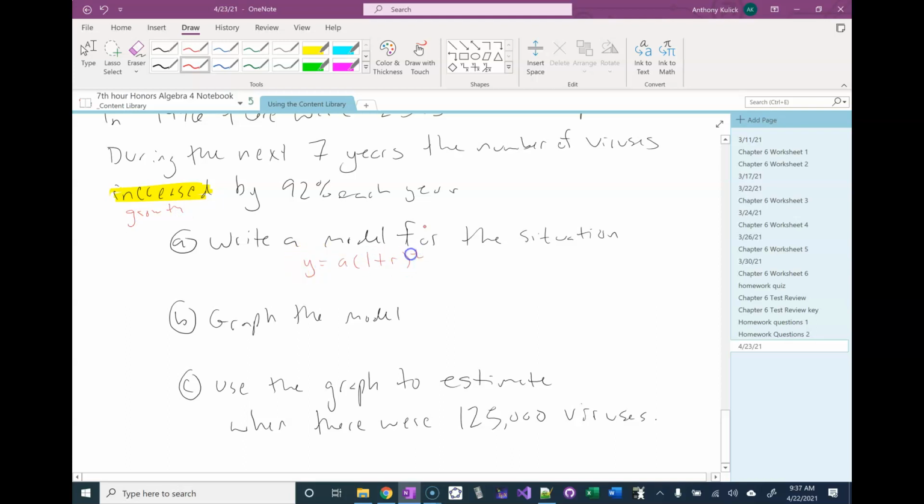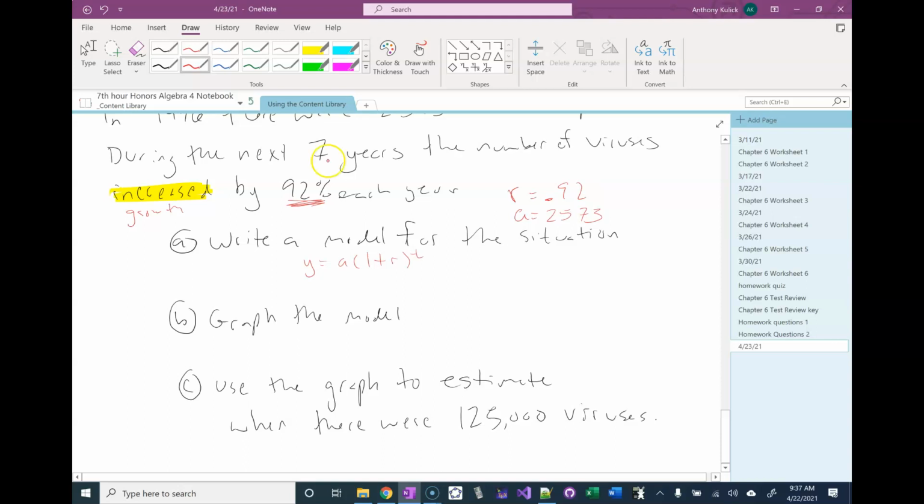So that tells me this should be exponential growth. So my exponential growth model is this. The r is going to be 0.92. Again, I'm converting 92% into a decimal. And my initial amount of viruses, the thing that's changing, is 2,573.